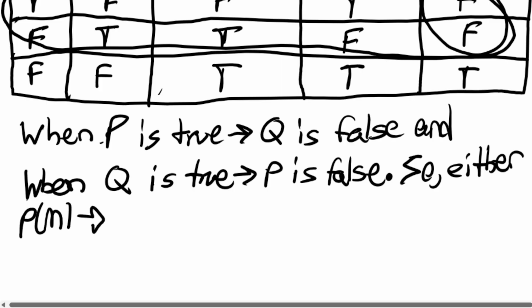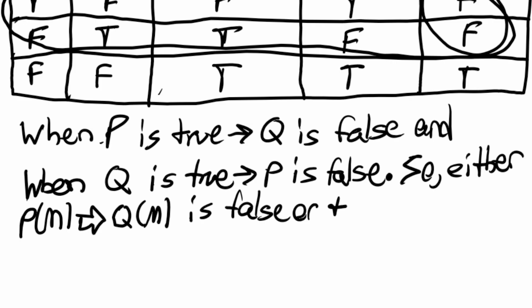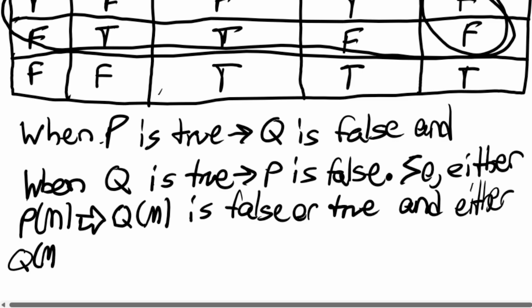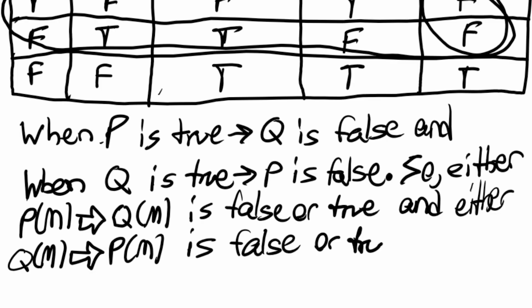So this means that either the implication P of M implies Q of M is false or true, and either its converse, Q of M implies P of M, is false or true.